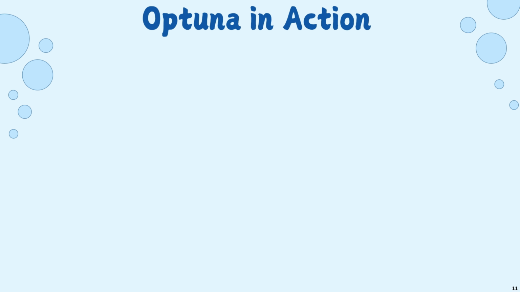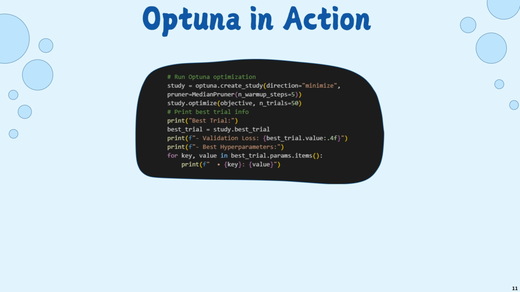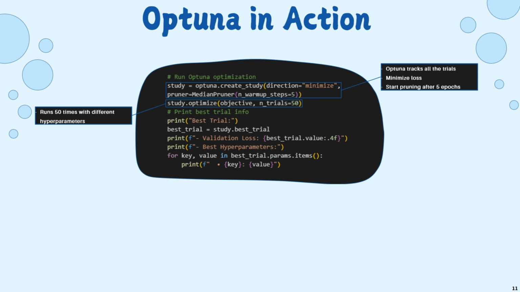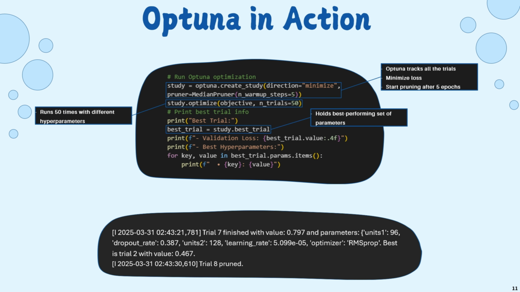Optuna in action. In study, we're going to track all of the trials. We're going to ask it to minimize loss, and we're going to start pruning after 5 epochs. This happens so that the model gets a chance to warm up before pruning begins. Then we're going to run it 50 different times with different hyperparameters, and we're going to save the best parameters inside of best_trial. Now this is what it's going to print, and here's an example of trial 7, where we have these values.